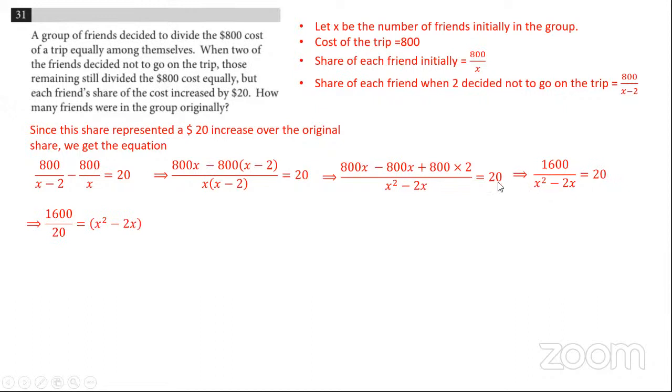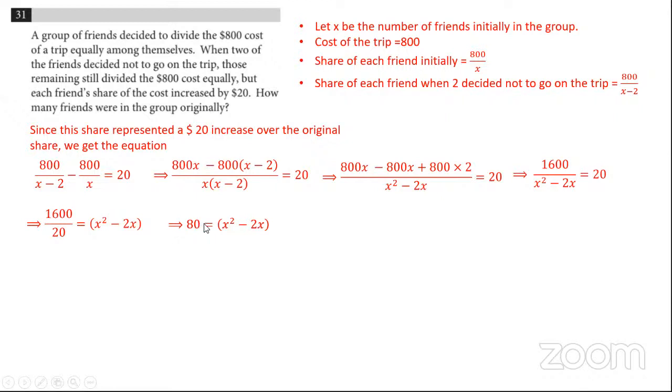Now, bring x square minus 2x to the right side and divide throughout by 20. So we get 1600 by 20 equal to x square minus 2x. 1600 by 20 is basically 80.